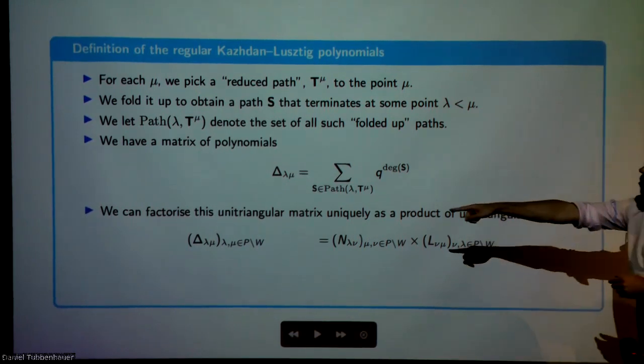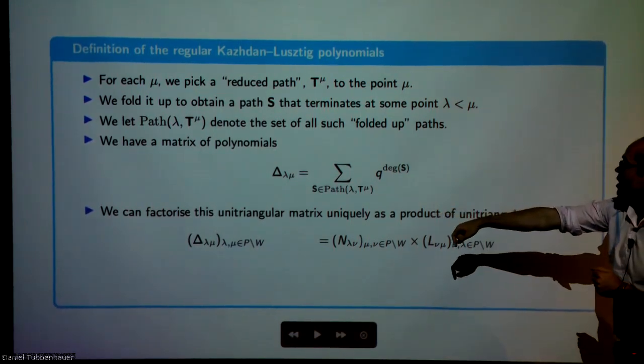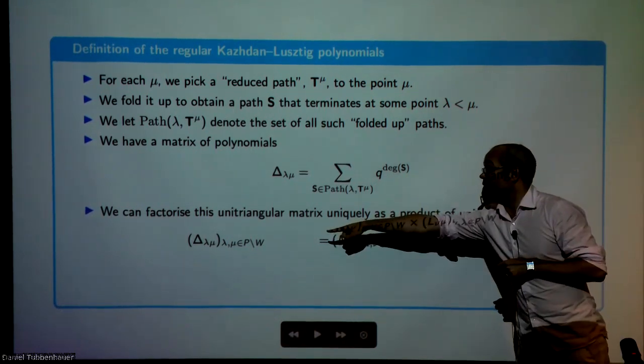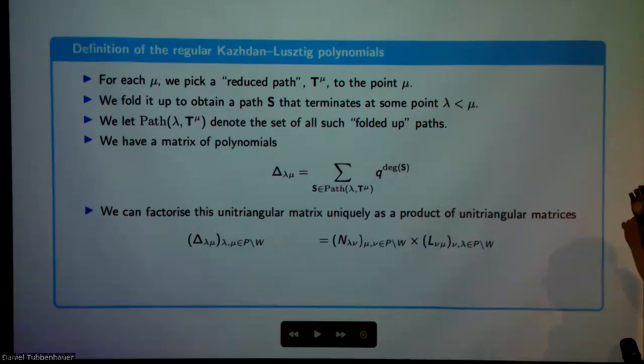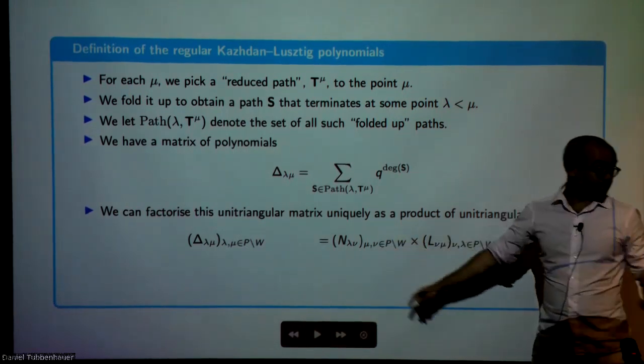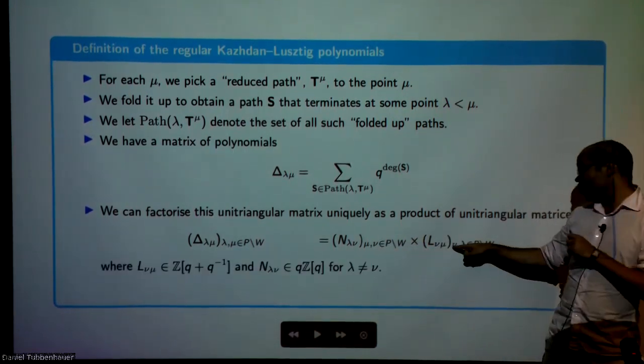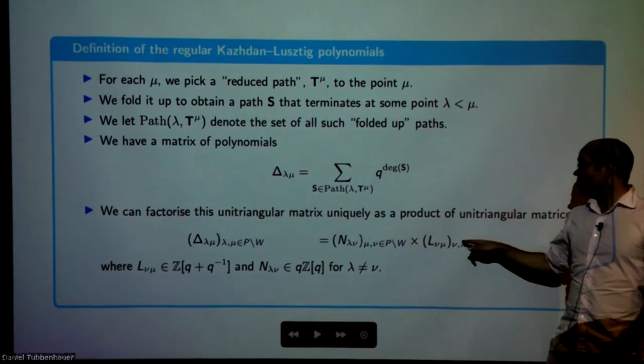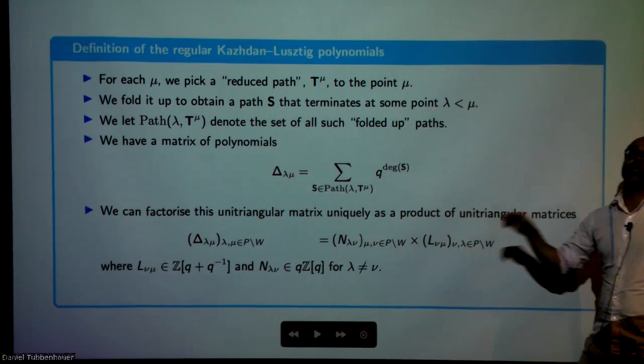So this is a unitriangular matrix with entries which are just powers of q below the diagonal. So you can factorize this as something which is purely bar invariant under swapping q and q inverse, and something that is purely positive degree below the diagonal.